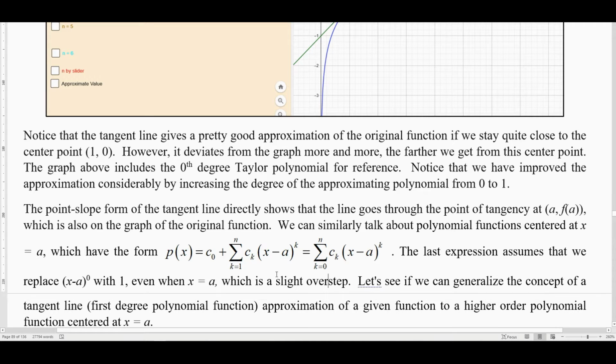So that's really an overstatement to reduce it to this last version here, but a lot of people do that, and we may do that from time to time. But if we do that, we have this caveat that we're going to assume that the expression on the right is just c sub 0 when x equals a, and k is 0.